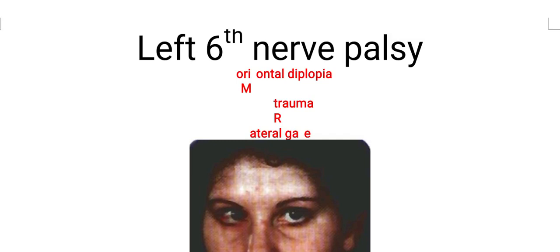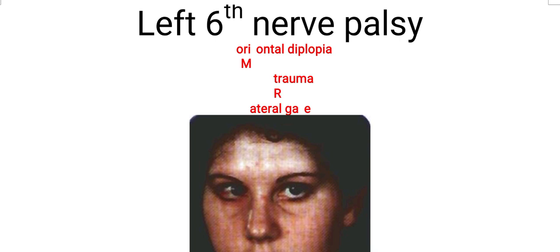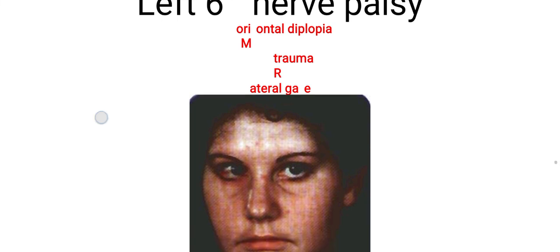So this is the left sixth cranial nerve palsy, the abducens nerve, which supplies the lateral rectus muscle. Because of this palsy of the lateral rectus muscle, you can see the eye is turned inward.